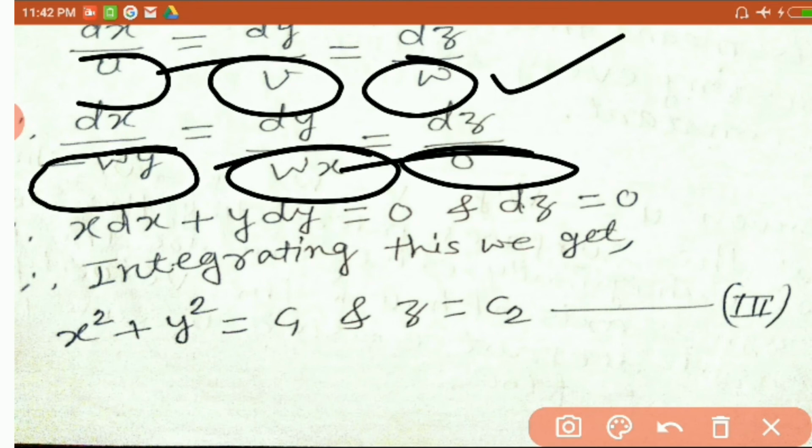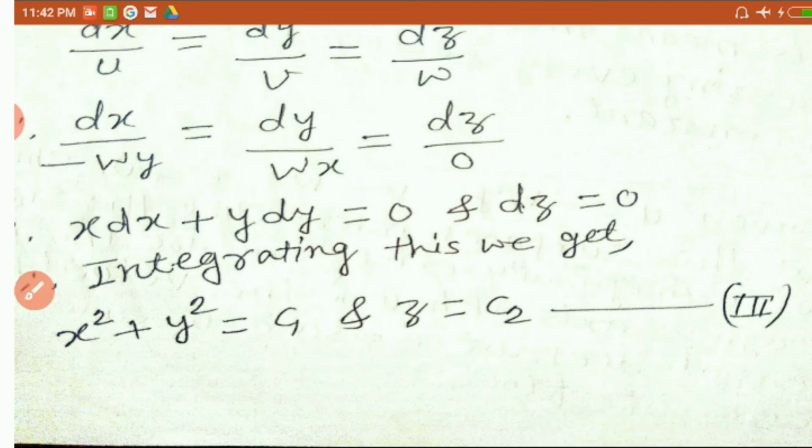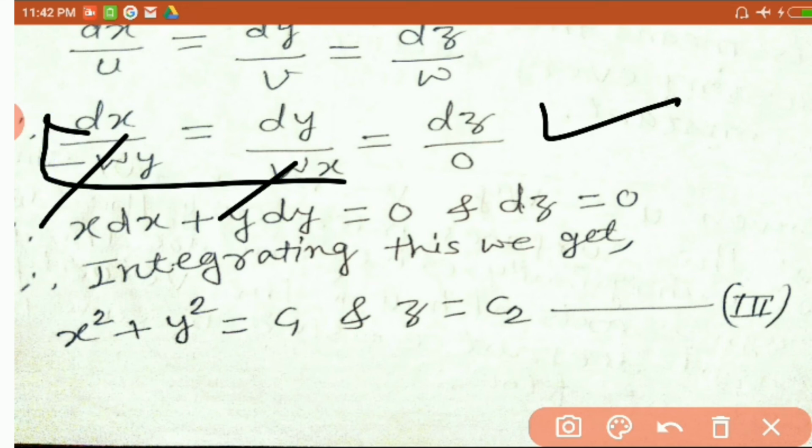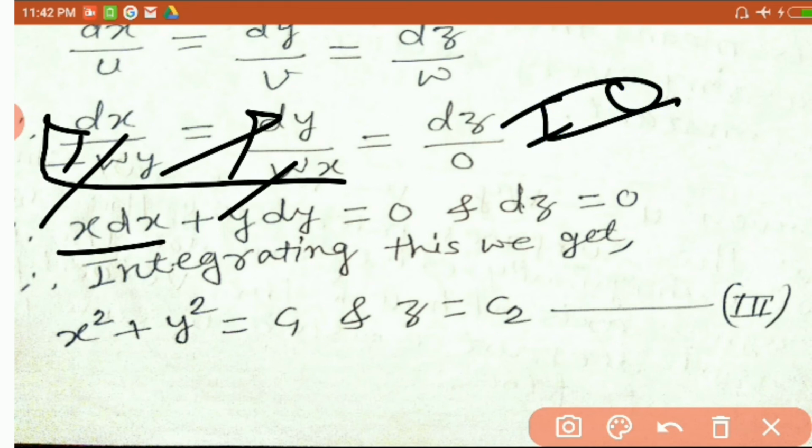So this can be written, with w cancelling, as x dx plus y dy is equal to 0, and dz is 0.